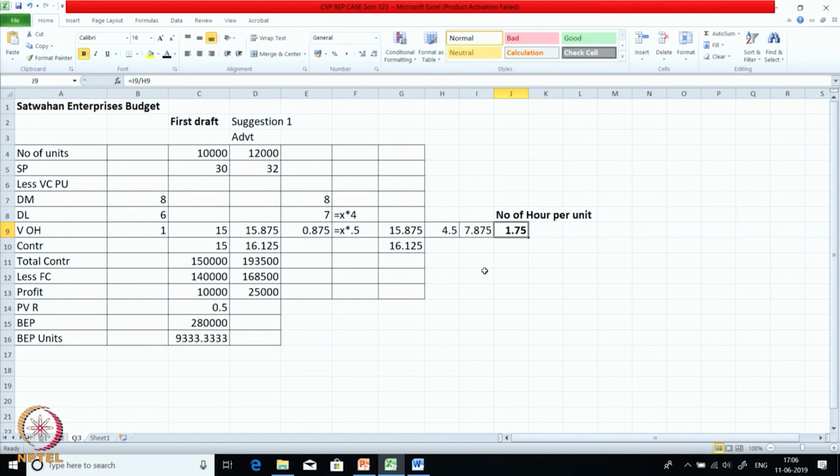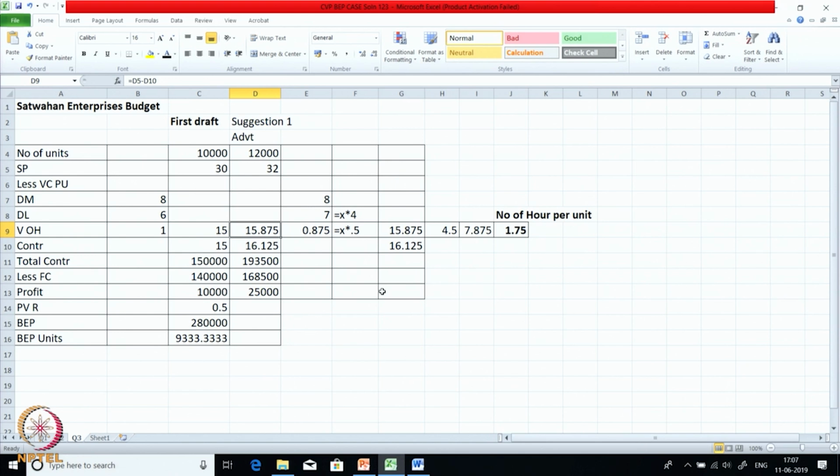Earlier they used to take 2 hours per unit. They are supposed to cut it down, so they have cut it down to 1.75. Now 1.75 is the new value of x. 1.75 into 4 you get 7, and 1.75 into 0.5 you get 0.875. If you take the total of these three, it becomes 15.875 and then everything matches.